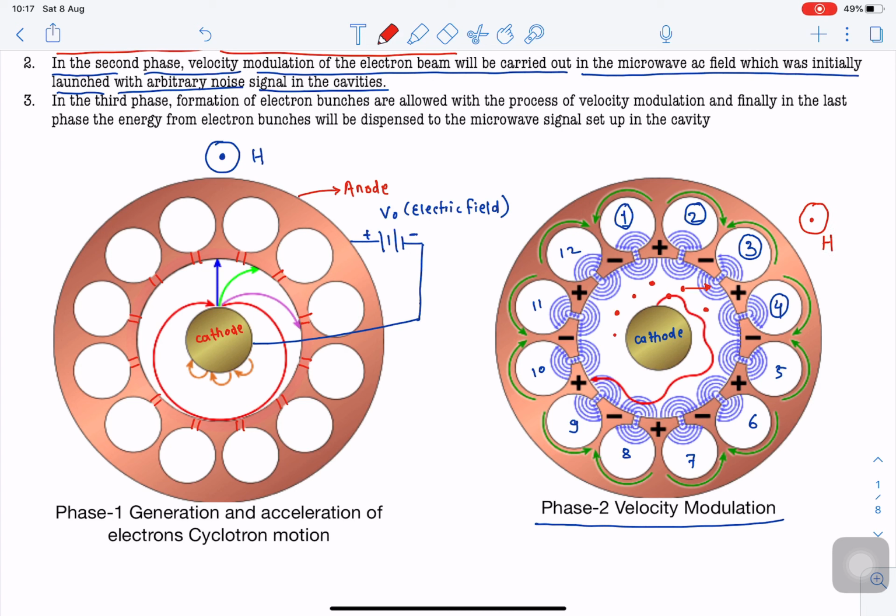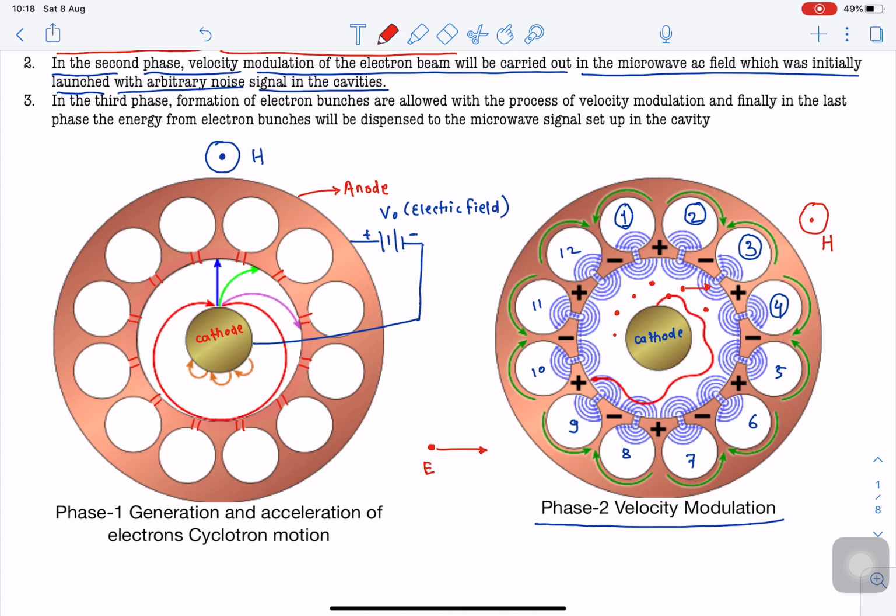So what will happen to the motion of the electron when it is simultaneously acted upon by an electric field as well as a magnetic field, right? This particular situation I will show over here. Let us say this is an electron. When the electron is released by the cathode, it will start traveling towards the anode in a linear direction, in the space between cathode and anode, right?